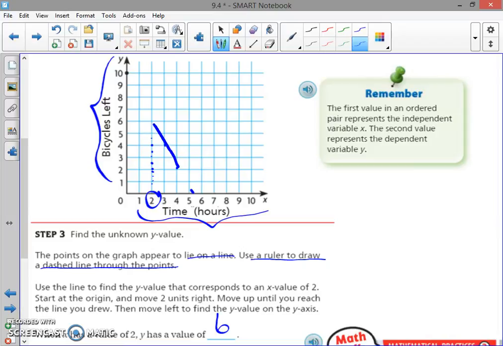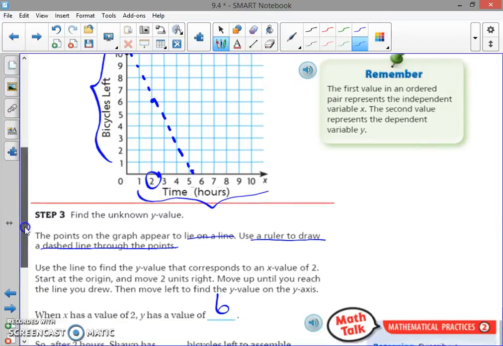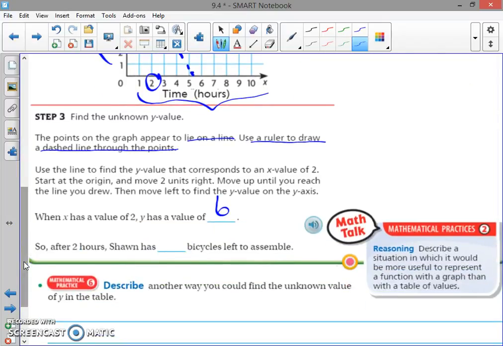Over 2 should hit the 6. That's not right either, folks. I need a big ruler for my smartboard. Anyway, you draw a dotted line like so, and it should hit the 6 mark. All right, moving on. So use the line to find the Y value, which we know. So after 2 hours, Sean has 6 bicycles left to assemble.